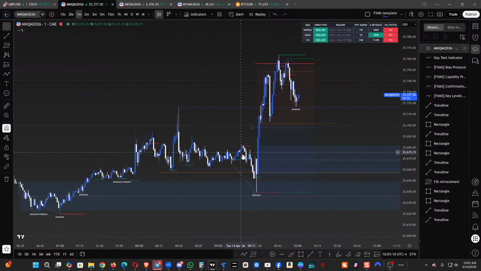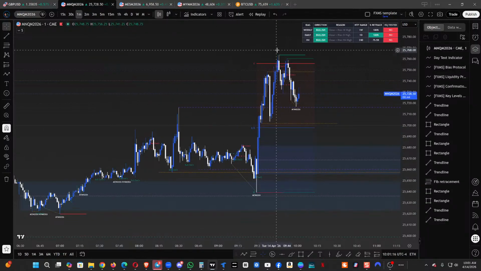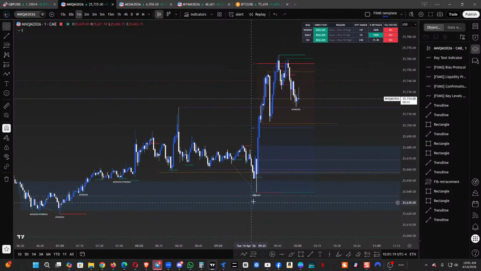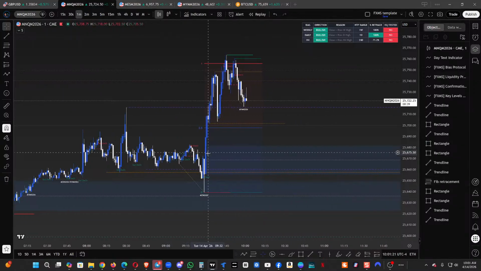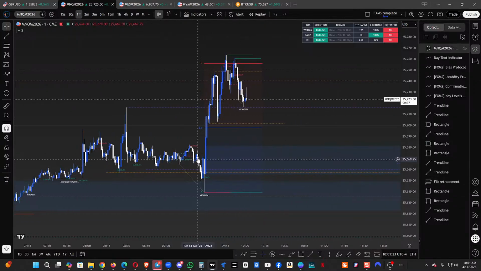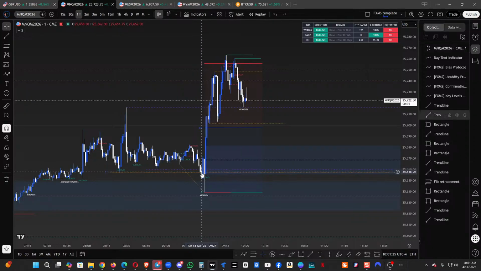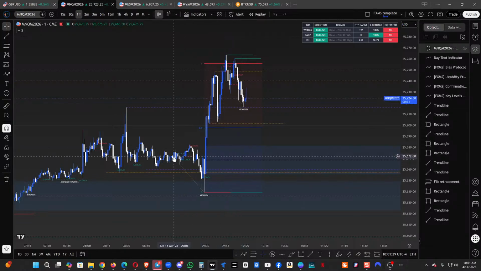Step number two, liquidity sweep into that OB. Step three, the displacement away from that OB. Then we have the inversion, which is the bearish imbalances getting negated by the bullish ones. We have the change of character, and we have the divergence. So we have all 5 points here.